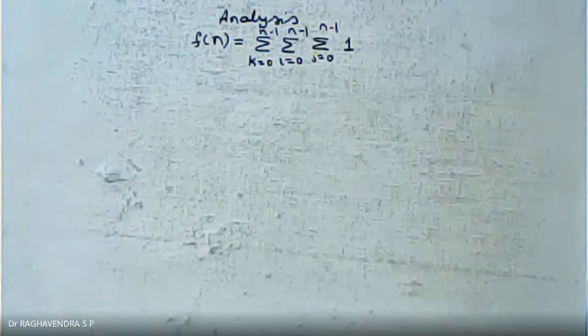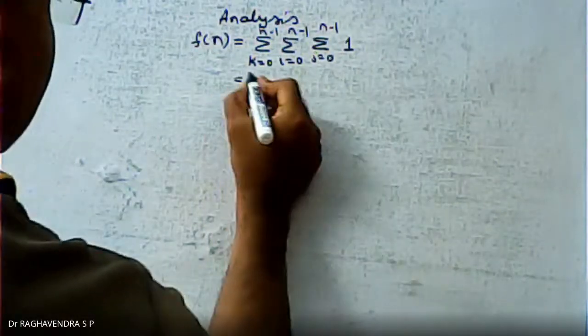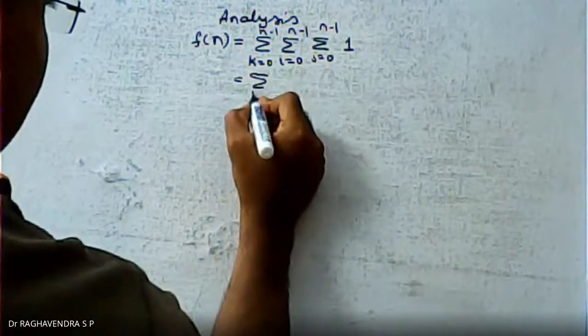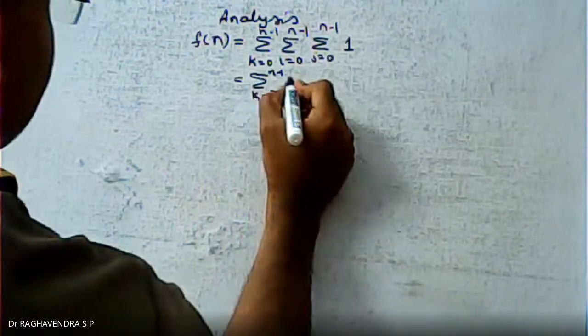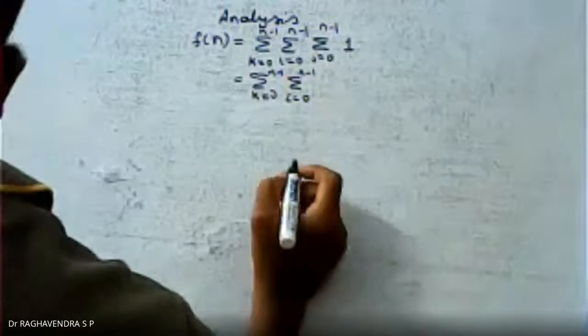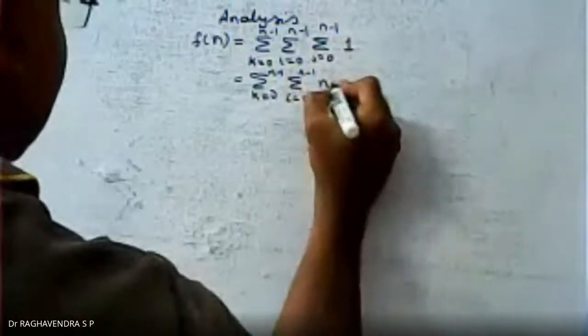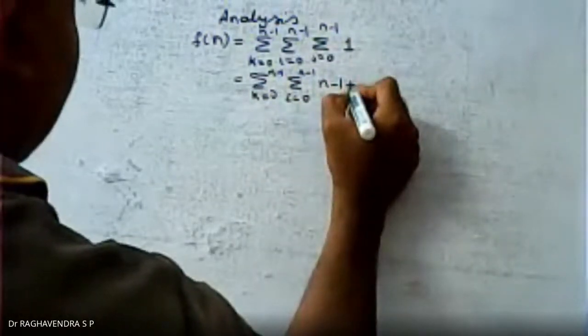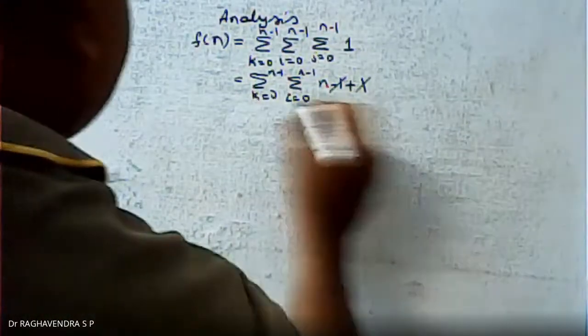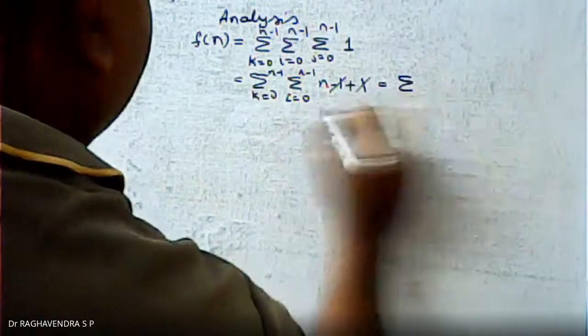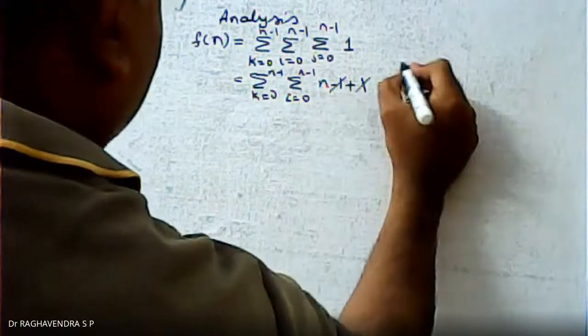So let us go on simplifying this. Summation k is equals to 0 to n minus 1, I is equals to 0 to n minus 1. When you simplify this, n minus 1 plus 1, because minus 0 comes, so minus 1 plus 1 cancels. So what we are going to get here is summation from k is equals to 0 to n minus 1.